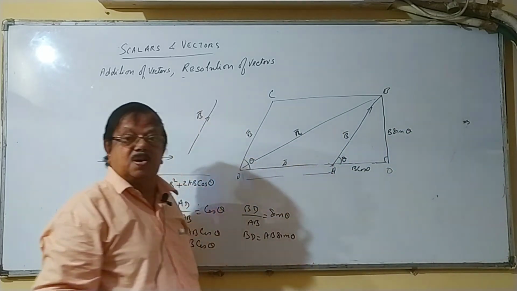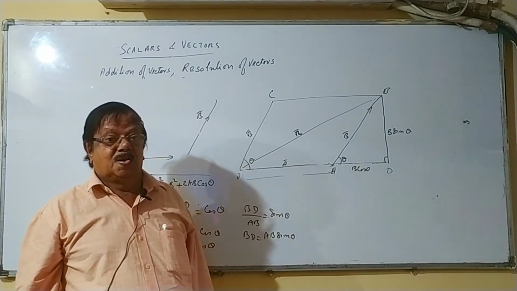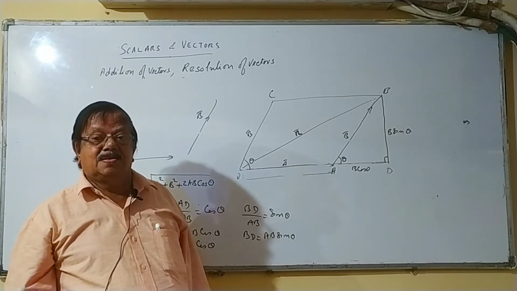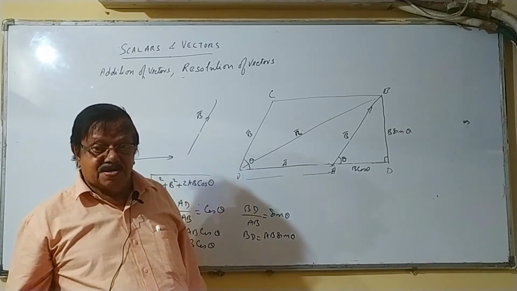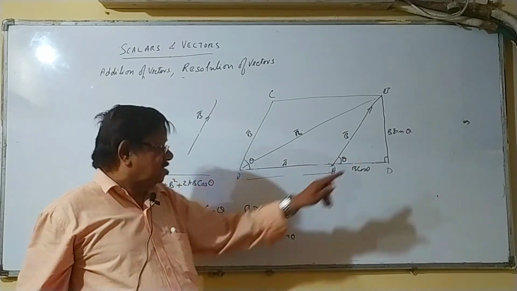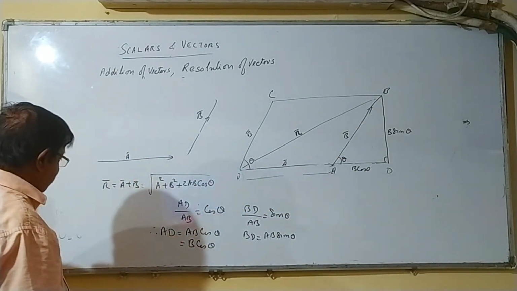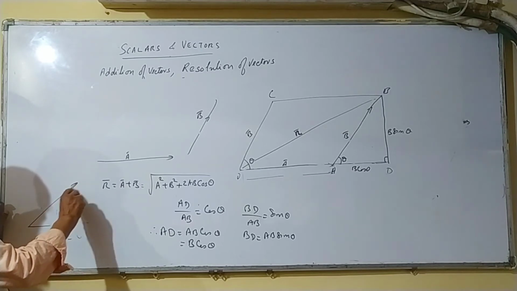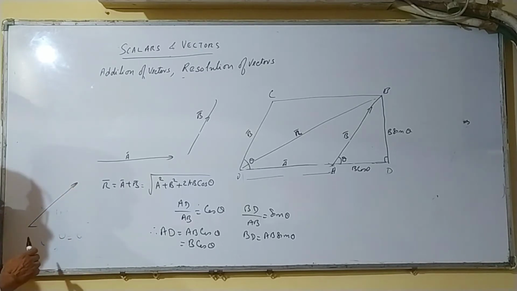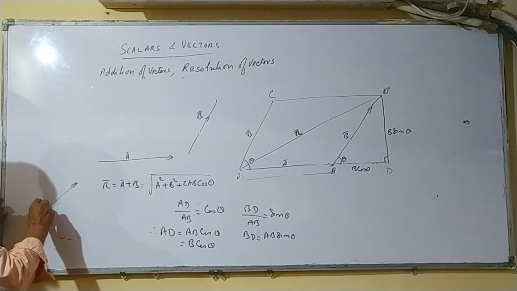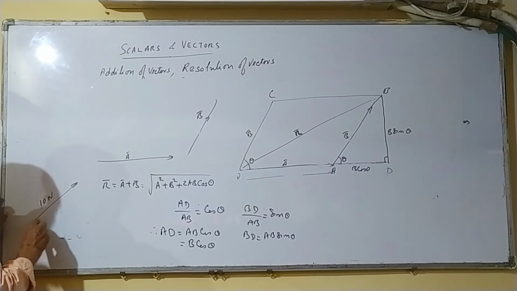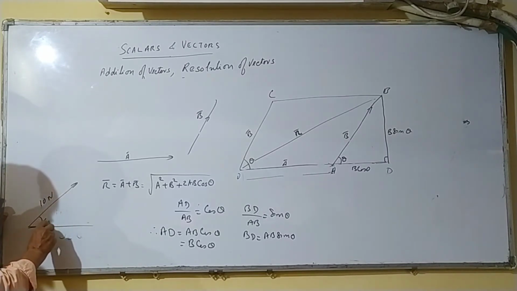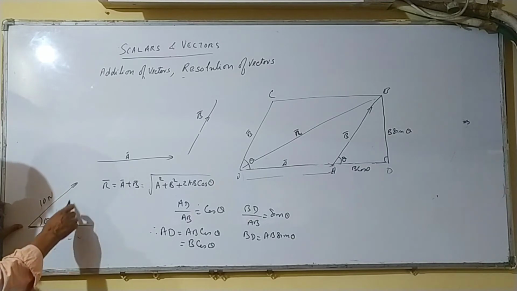Now this you must always remember, whether you do 12th standard, JEE, NEET, for everything. This idea is very important. If I give you a triangle like this, a vector like this, or a number, let us say 10 Newton here. What is the angle with the adjacent side?